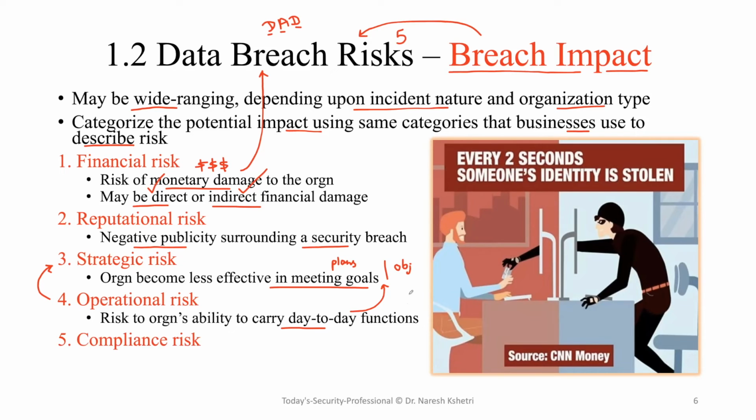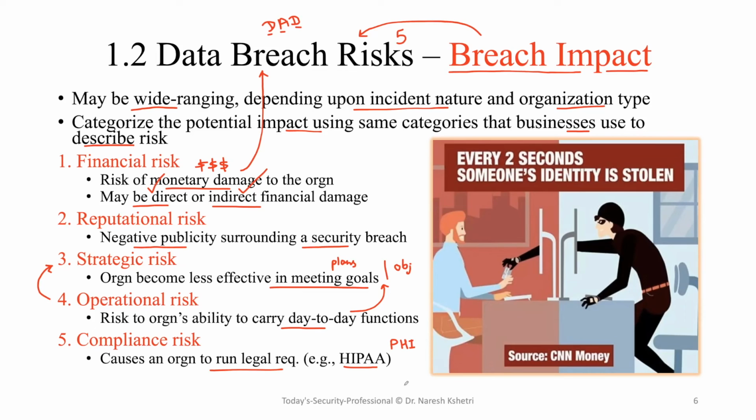The fifth one, the last one, is compliance risk. That means the risk occurs when a security breach causes an organization to violate legal or regulatory requirements, for example, the Health Insurance Portability and Accountability Act, HIPAA, which requires all healthcare providers and other covered entities to protect the CIA of the information, normally called the PHI, the protected health information.